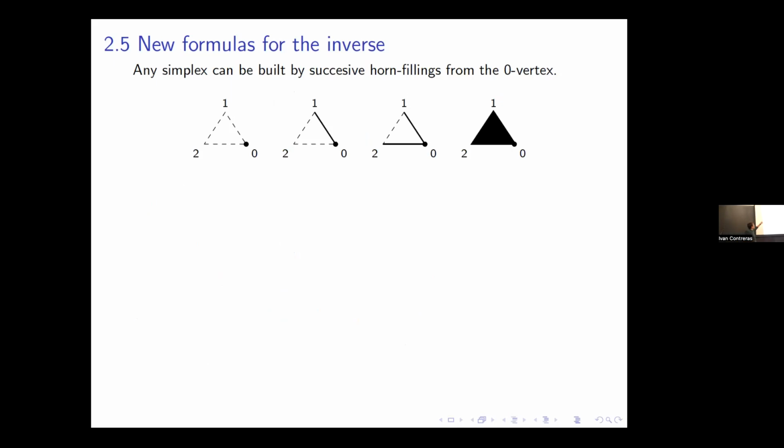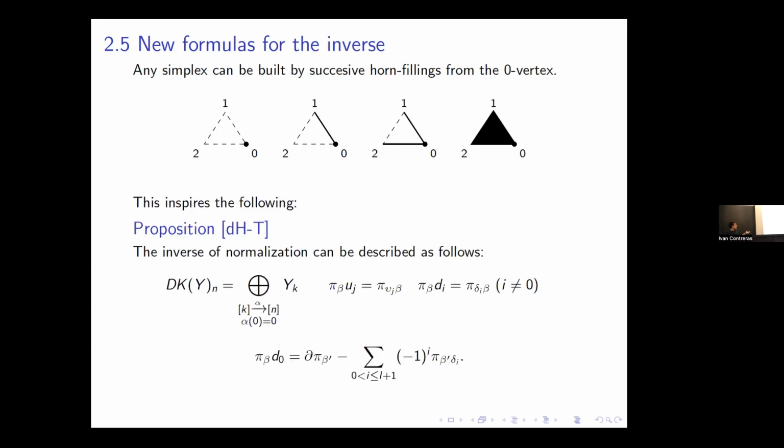So the idea is taking 0 as a distinguished vertex, and I decompose any simplex as a sequence of horn fillings from 0. So here you see the triangle as a sequence of fillings from 0. And we have very similar formulas for injections. There is a classical duality between surjections from n to k and injections from k to n preserving 0, but this is not the difference.